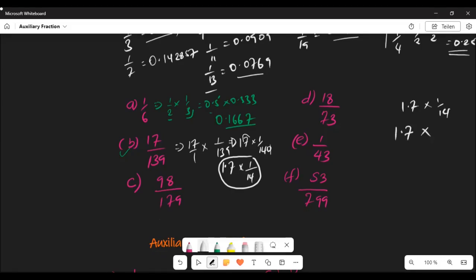We know that 1/14 is 1/7 multiplied by 1/2. Remember I told you these numbers are going to help us a lot. So we have here 1/7 multiplied by 0.14285, and half, which we also know is 0.5.